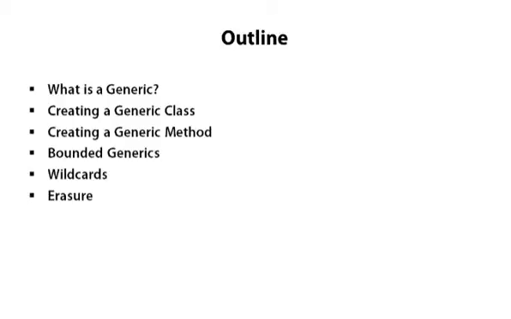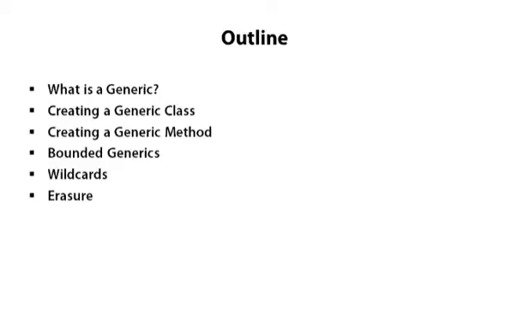We can create generics that operate at the method level, and I'll show you how to do that in code as well. Then we'll see some examples of bounded generics, which are a special way of declaring a generic that makes it so that it's restricted to a specific type or set of types. And then we'll look at another concept that has to do with generics, which is using wildcards in generics, which is a kind of generic that is a subtype or can represent multiple different types, and you'll see why this might come in handy when using generics in Java.